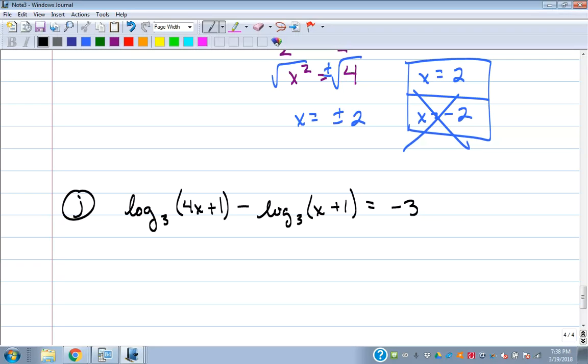Okay. What can I do maybe to condense those logs on the left side? There's two of them there on one side. That's when you want to think, how can I put them together and get one log so I can get rid of the log?